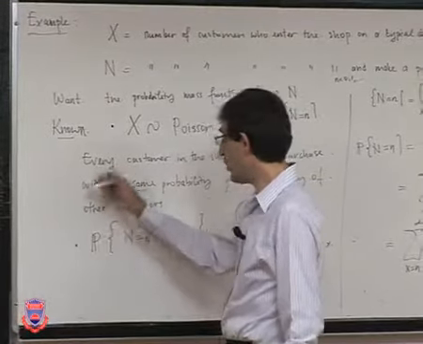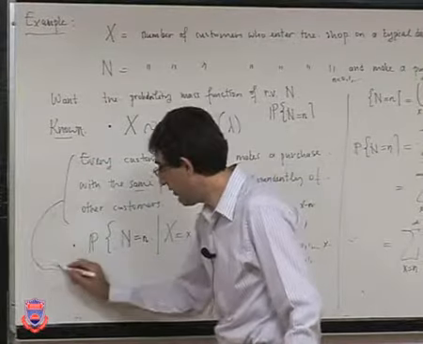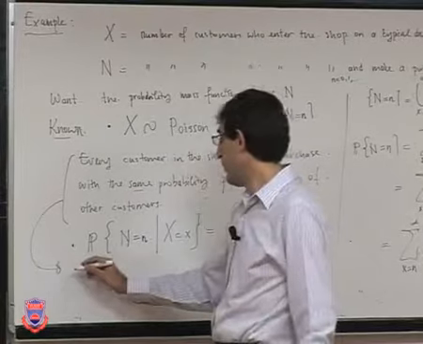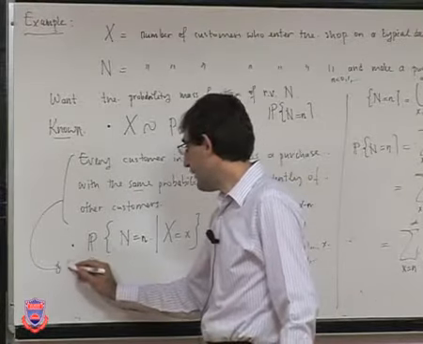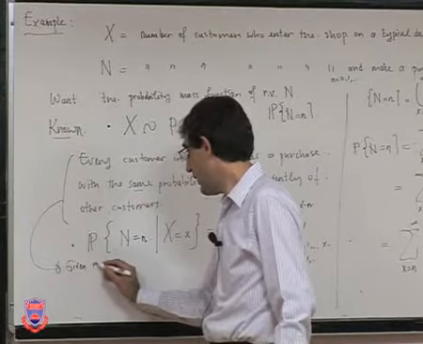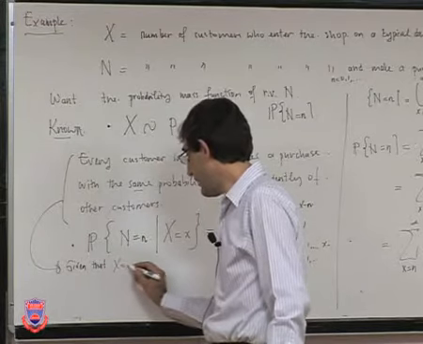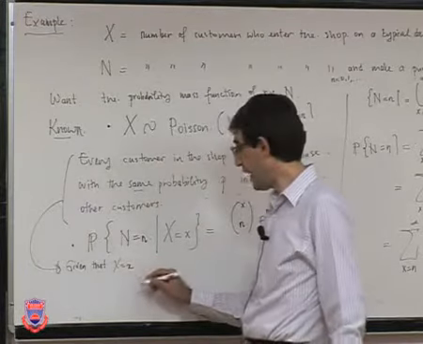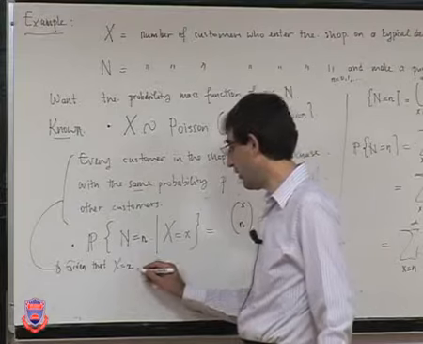So what the conclusion should have been here, right? Given that x equals little x, there are exactly x customers in the store, right?